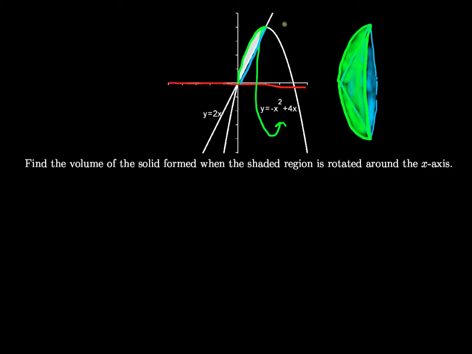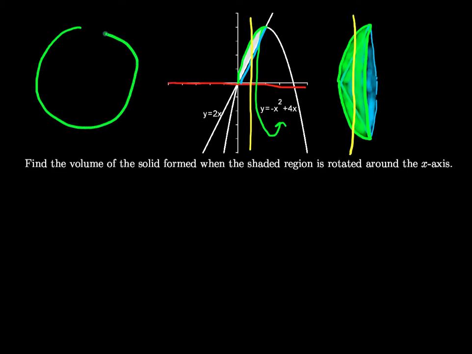If I were to take a cut out of this, any sort of cut right here, I would see a large circle on the outside defined by the green function, and a slightly smaller circle on the inside defined by the blue function, and I want to find the area between the two curves.